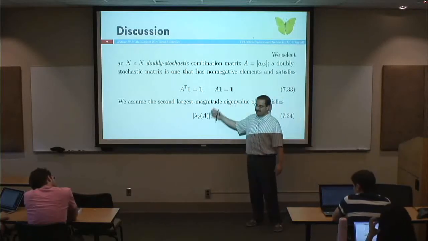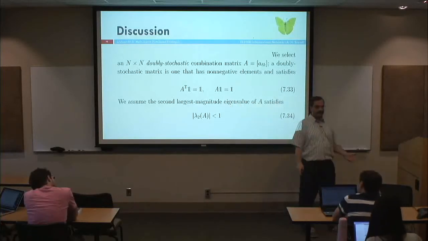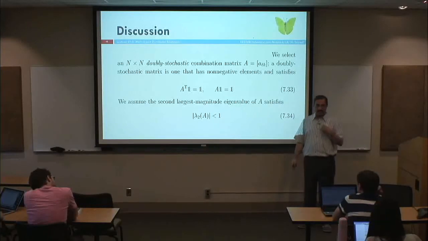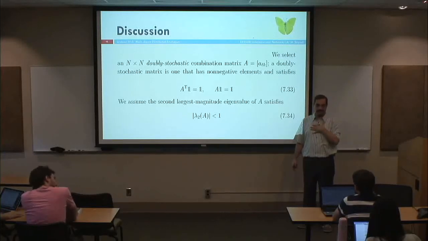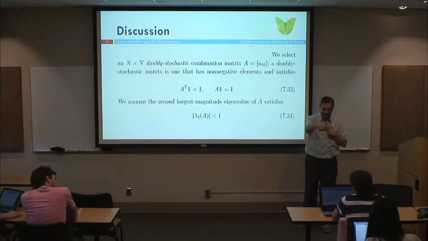One example of a doubly stochastic matrix would be something like this. He's my neighbor, and let's say he has 3 neighbors. I have 4 neighbors. So what's his degree? 3. Degree is the number of neighbors. My degree is 4. So the weight I'm going to put between us is 1 over the maximum of the degrees between us.